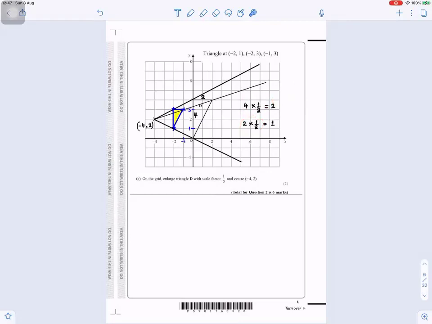So the thing will be 2. And when it's 2 there, 1, 2, you times by half, you get 1. So it'll be 1 there and 2 there. But before it was 2 there and 4 there.